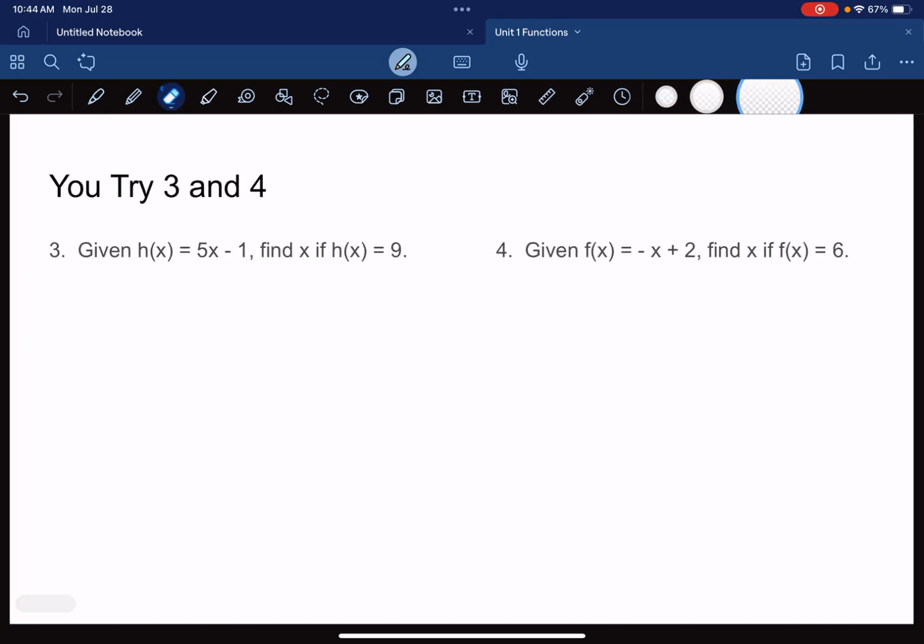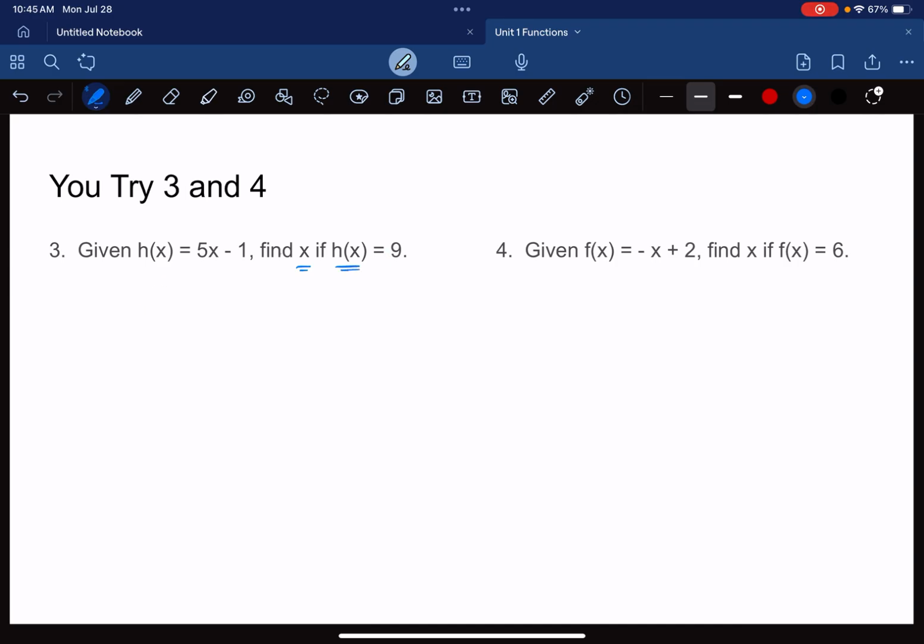Try these two. All right. H of x has to equal 9. Well, this one's a little different, isn't it? Now, instead of me giving you an x value, I'm finding the x, and I know h of x is 9. So I know the output.